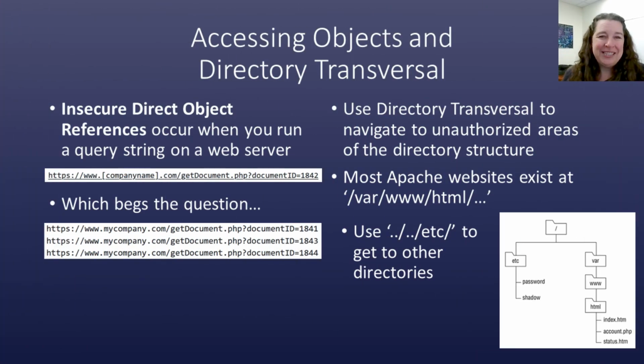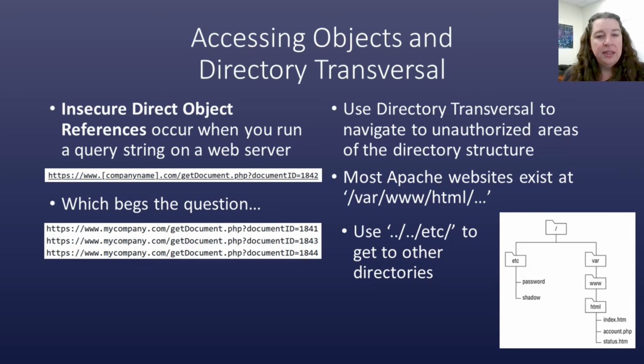You may have noticed at some point that you go to a website and you want to reference a single file or a form, and you use some sort of PHP to say, get the document, and then we give you an ID number for the document. In the example here, we have the company, and then we're going to get document 1842. Well, if there's a document 1842, what are the chances that there's document 1841, or an 1843, or an 1844?